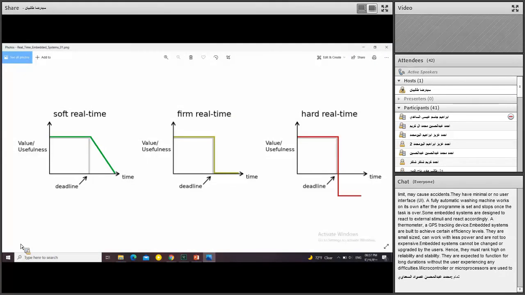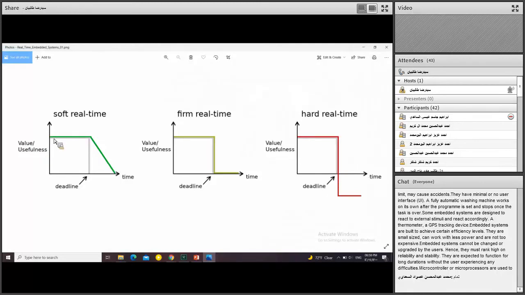Okay, we have a real time. We want to know about the real-time embedded system, for example. We have here the time axis and a deadline here.